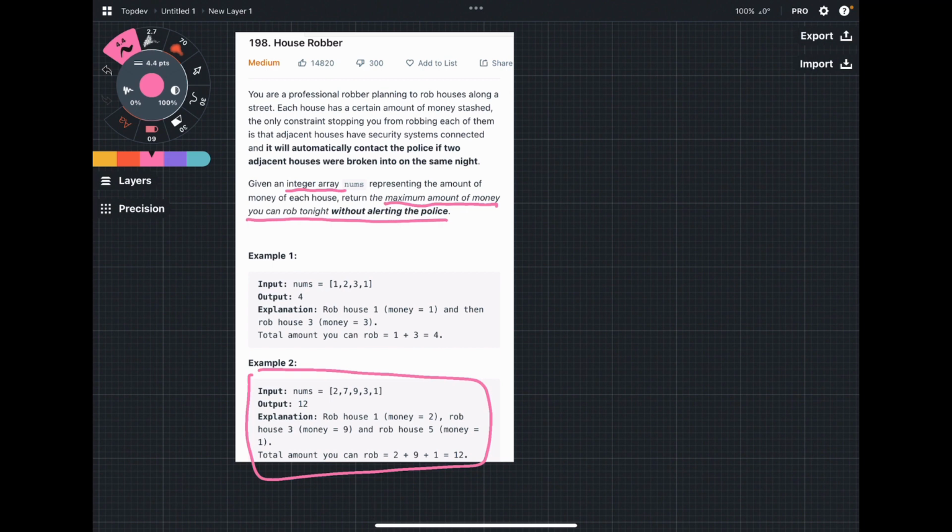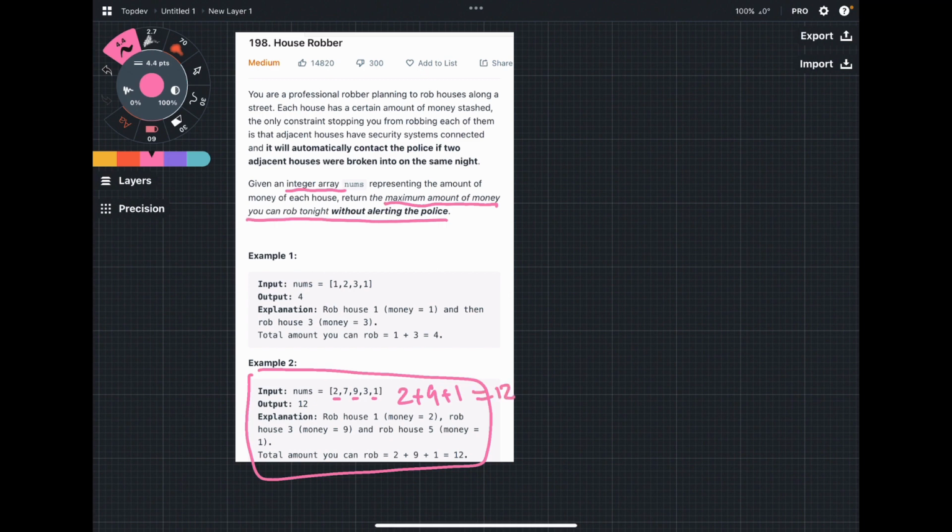So what does this mean? It says you rob house 1 with money 2, which is right here. Rob house 3 with money 9, which is right there. And rob house 5 with money 1. And 2 plus 9 plus 1 is going to equal our 12.